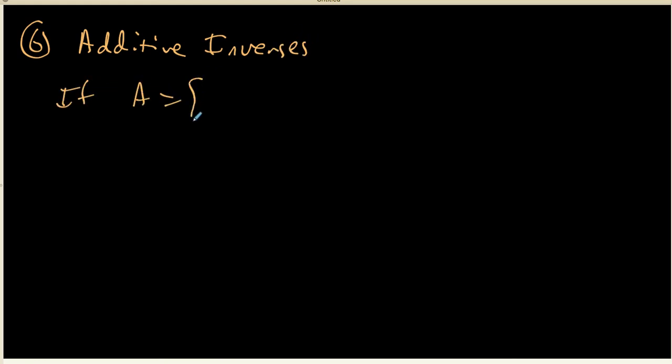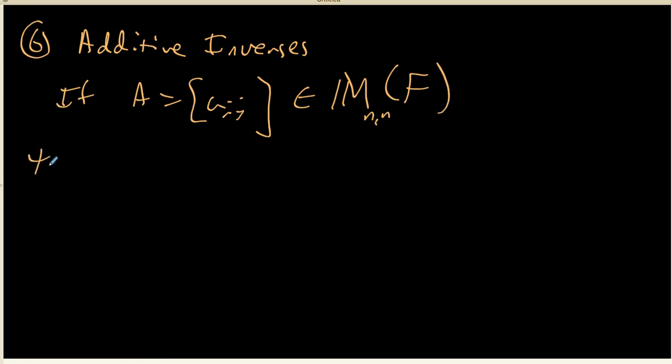So, additive inverses. If I take a matrix made up of aij's inside the set of n by n matrices with entries from F, then no surprise, minus A is just the additive inverse of every single entry.